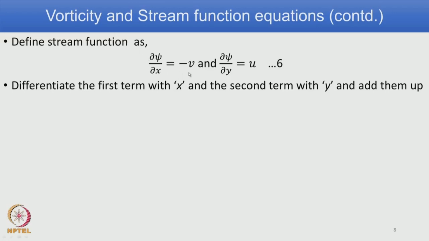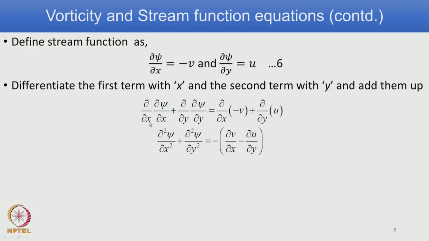So, take the first term, differentiate with respect to x, take the second term, differentiate with respect to y, and add them up. Dou by dou x of dou psi by dou x plus dou by dou y of dou psi by dou y equal to dou by dou x of minus v plus dou by dou y of u.